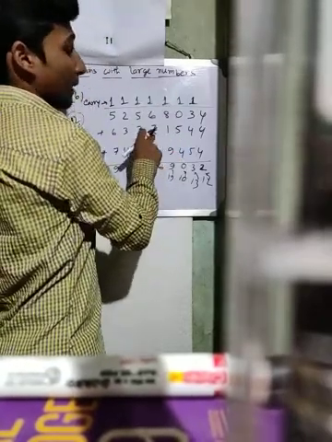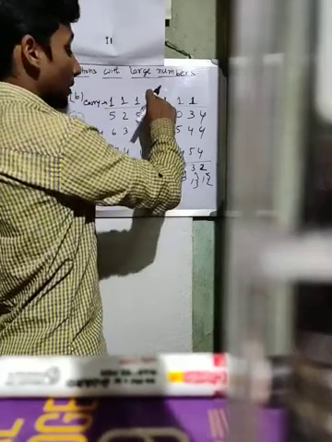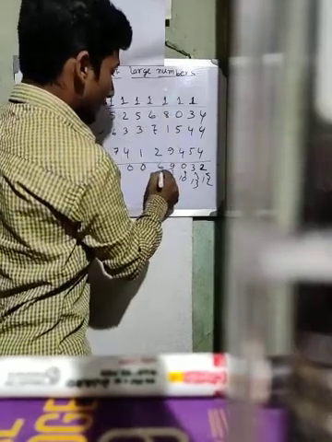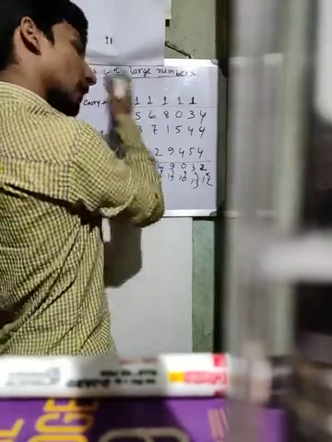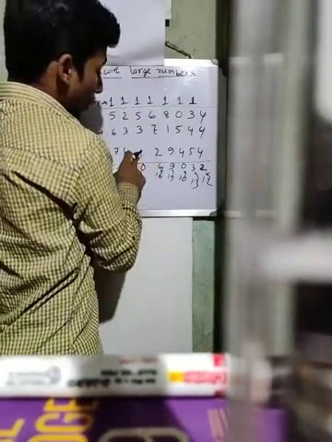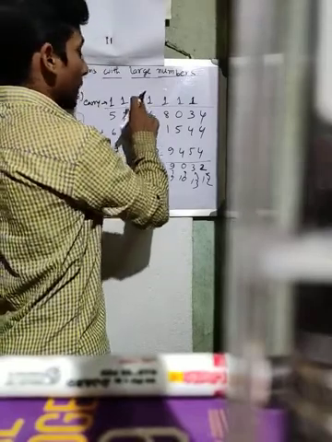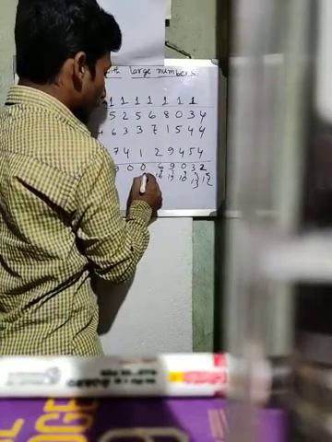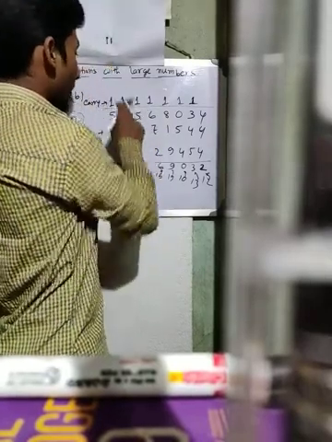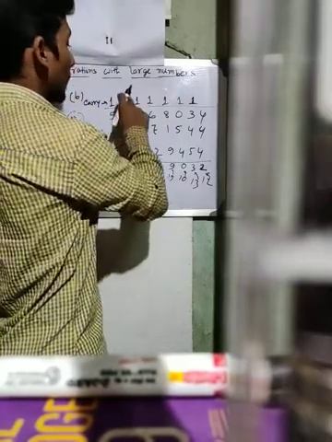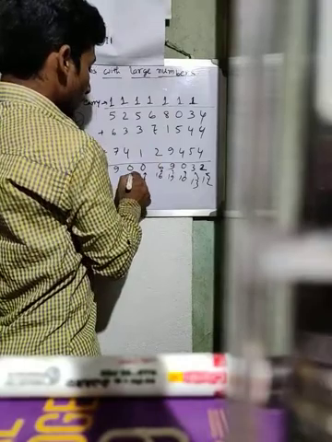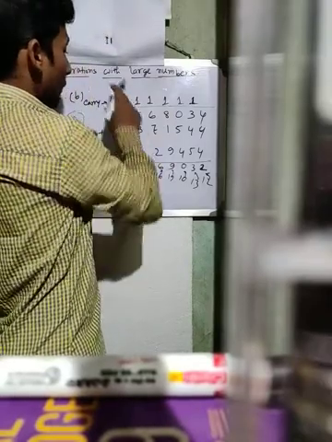Next, 2 plus 7 is 9, plus 6 is 15, plus 1 is 16. 6 will be here and 1 will be the carry for the next place. Remember, carry for the next place. Next, 1 plus 3 is 4, plus 5 is 9, plus 1 is 10. 0 will be placed here and 1 will be the carry. Next, 4 plus 3 is 7, plus 2 is 9, plus 1 is 10. 0 will be placed here and 1 will be the carry.